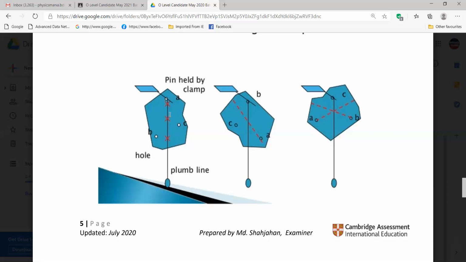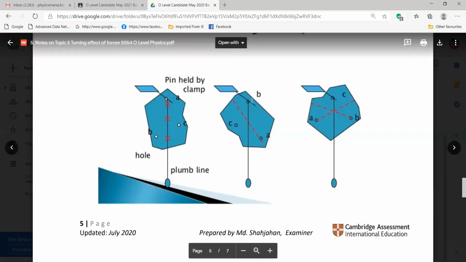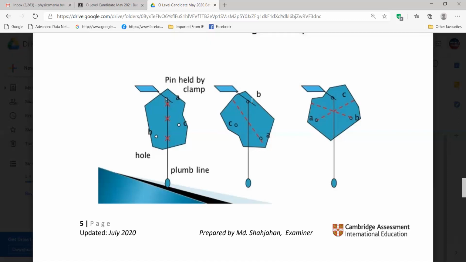We have to draw that with a ruler, across this string, one straight line. Same way, we hang it from the other hole. Previously it was A, now we are hanging from B. So when we hang it again, we make the line.